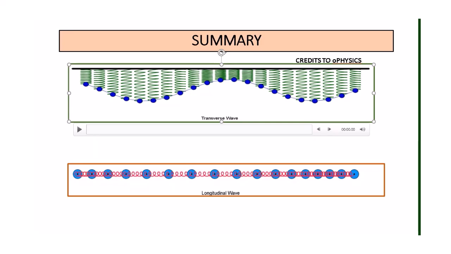Now imagine that the blue balls over here, in this simulation as well as in the second simulation, are the particles in a material. These particles are bonded to other particles in both of them, right? And therefore, the motion of one particle affects the motion of other particles around it.